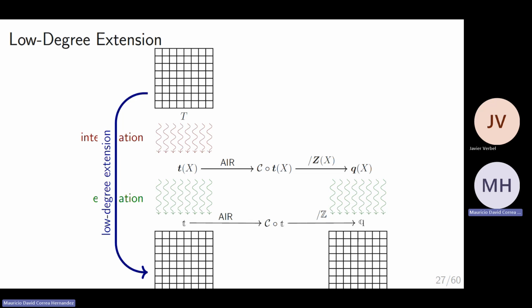Interpolation followed by evaluation on a larger domain becomes one step called low degree extension. And by the way, since this diagram commutes, doing the low degree extension does not stop us from composing with the AIR. It just means that now we are evaluating the AIR on well-spaced rows instead.